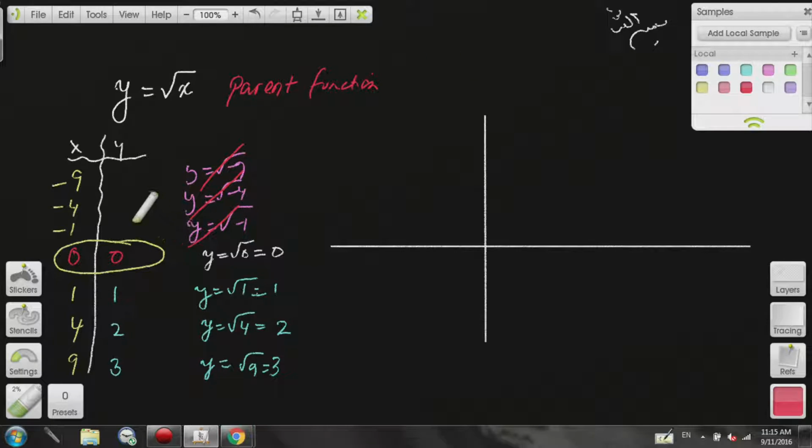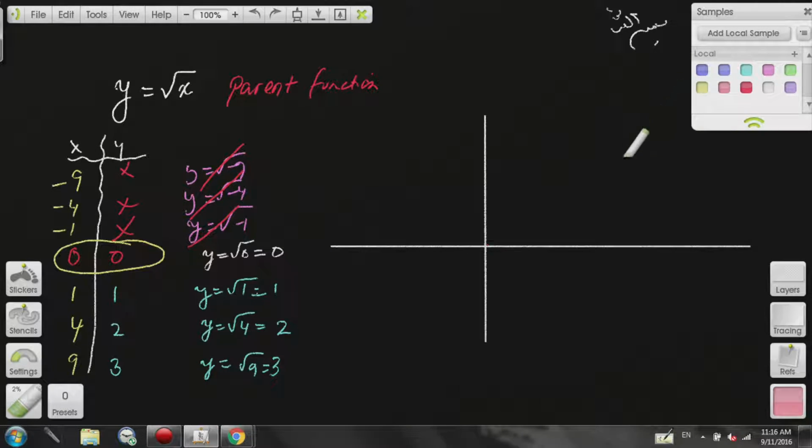In other words, this graph has no negative values for x that work. You might as well erase this part of the graph, because you can't put a negative number in that equation. That's not part of the domain of this function. So x cannot be a negative number.